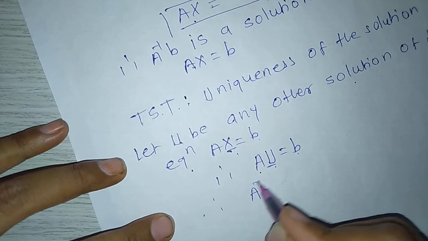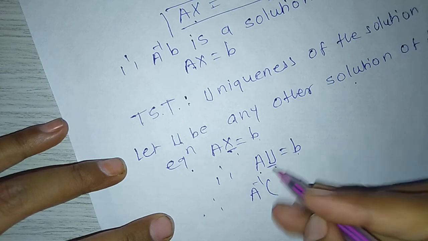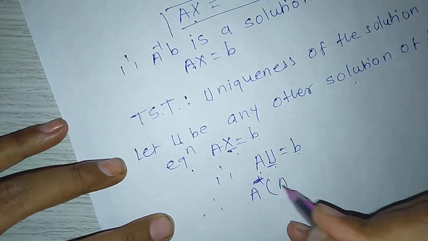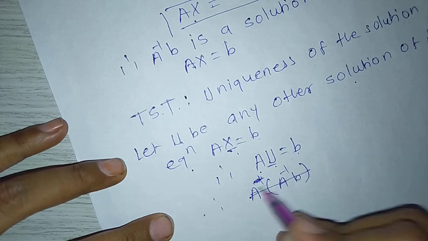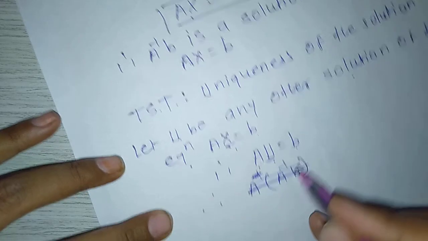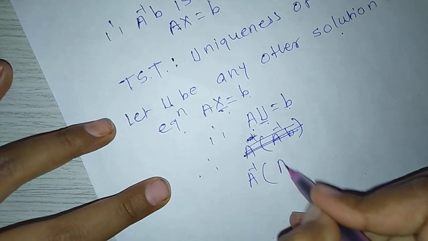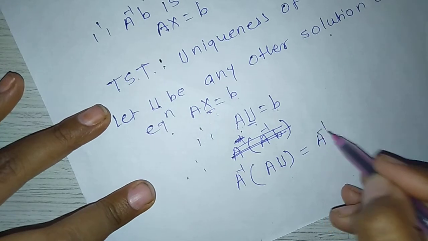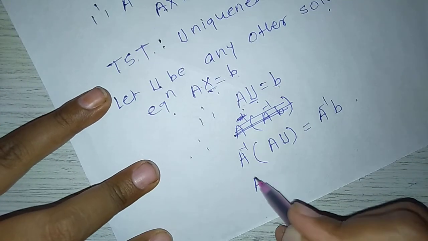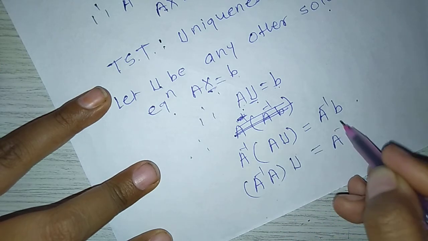Now we show u is of the form A inverse b. A into u equal to b. Multiply both sides by A inverse: A inverse into A into u equal to A inverse b.